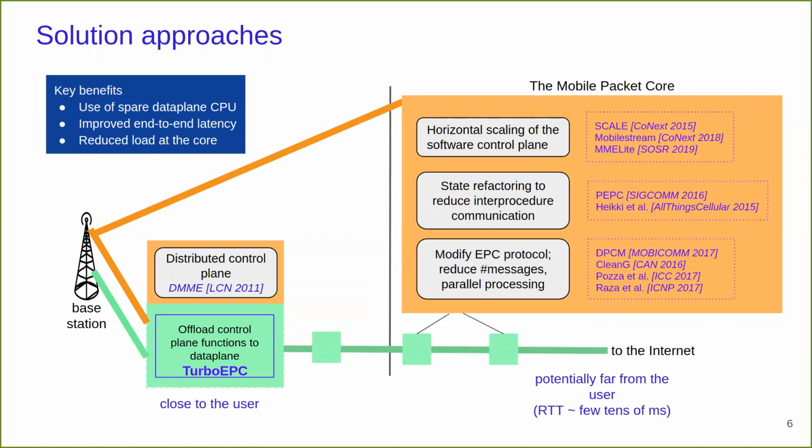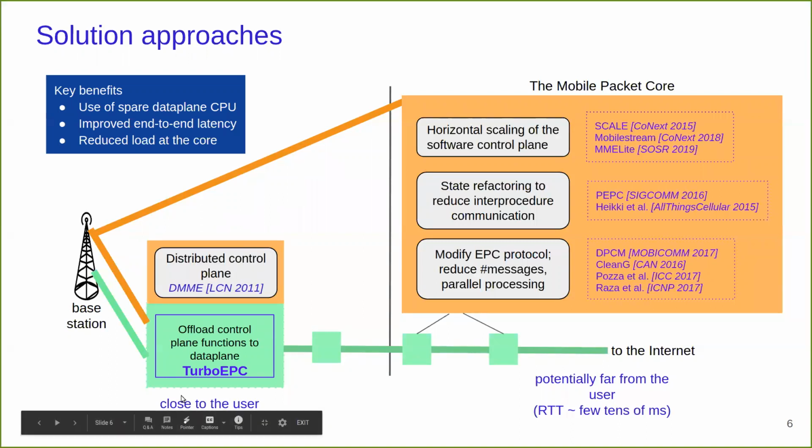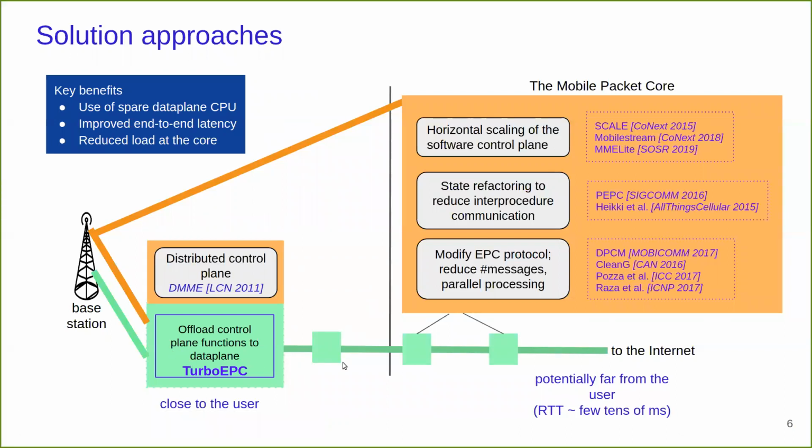Our proposal TurboEPC takes one more step close to the user by offloading the control plane functions to the data plane switch close to the user. TurboEPC grabs the opportunity of utilizing the spare data plane CPU of typically oversubscribed switches on the path towards the core.